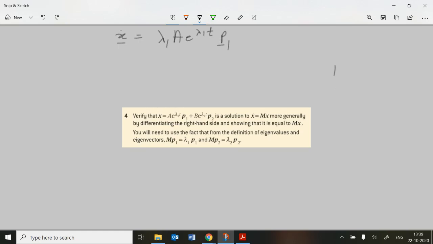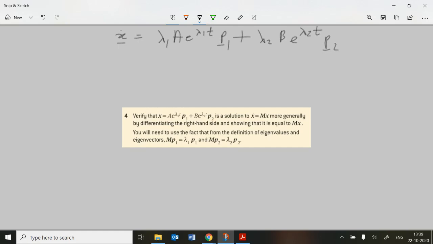We don't know what p1 is, but it's just a constant in the x and the y, so that is totally legitimate here. Likewise for the next part, we apply the chain rule and multiply by p2, the second eigenvector.